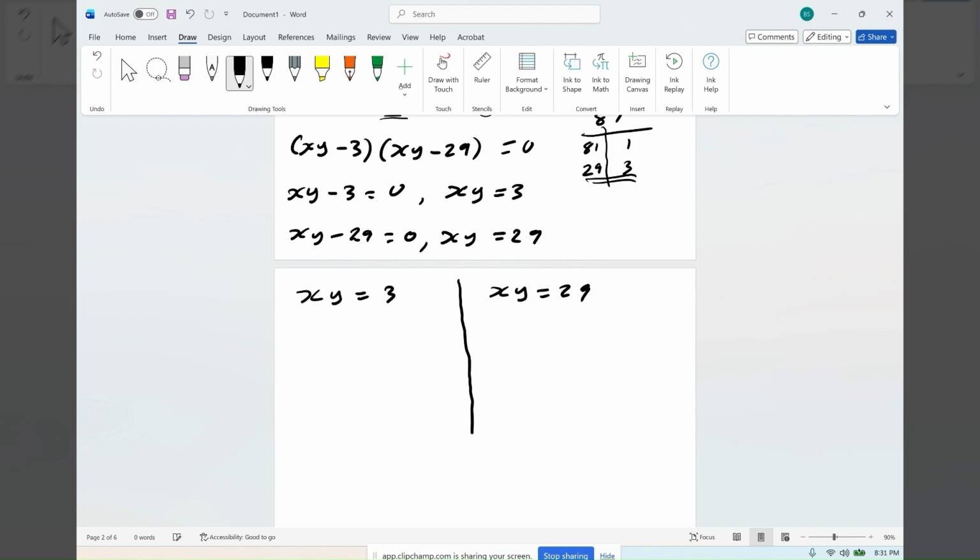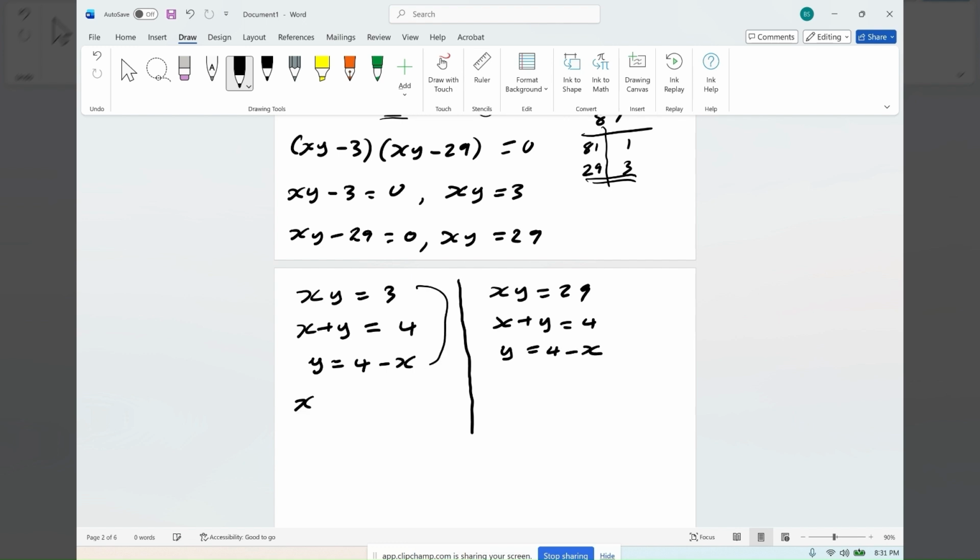Let's use equation 2, where x + y = 4. Let's substitute. So we say y = 4 - x. On that side, we do the same thing: y = 4 - x. So let's take this and bring it into this equation.